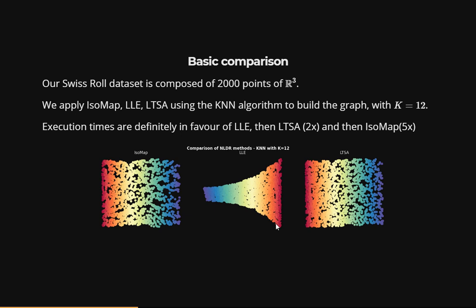But more or less, if you just look at a very rough level, all three of them managed to unroll the Swiss roll because the colors are in the right spectrum. So they all were able to unroll the Swiss roll. Now, the red part being left or right is just a sign thing, so we don't care about that.